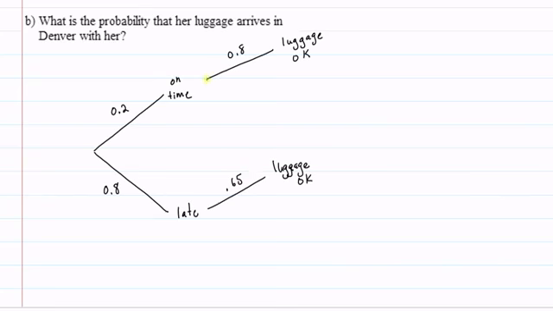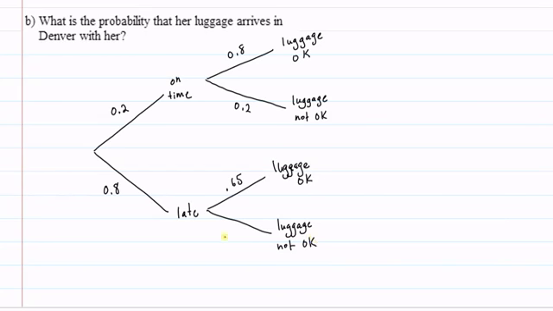I'm going to go ahead and fill in the rest of this tree. If she's on time, the probability that the luggage doesn't come must be 0.2. And if she's late, the probability that it doesn't show up must be 0.35.